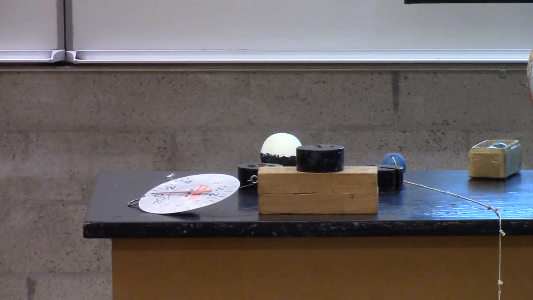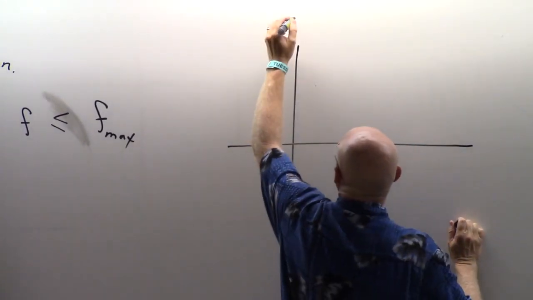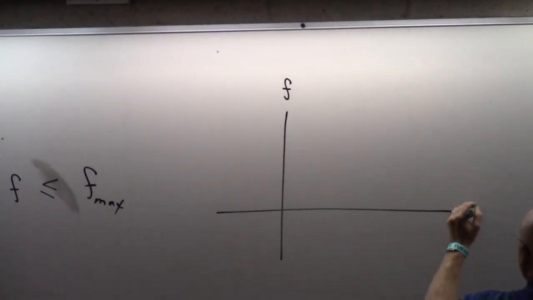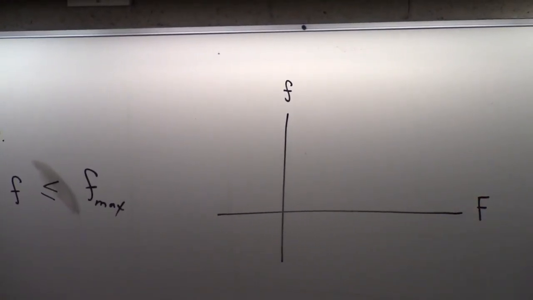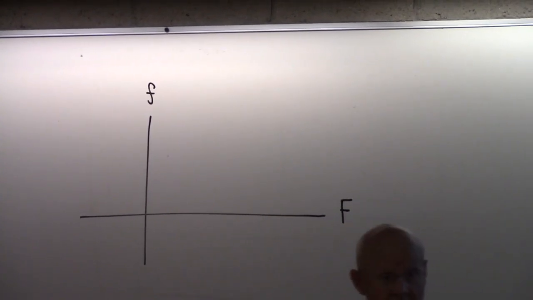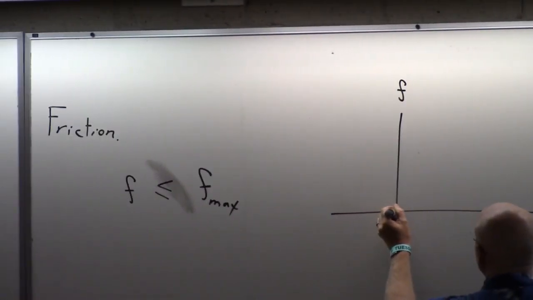And what I'm trying to show you here is that if I plot the friction based upon a comparison of how much my hand is pulling, as long as it is not moving, those are equal.